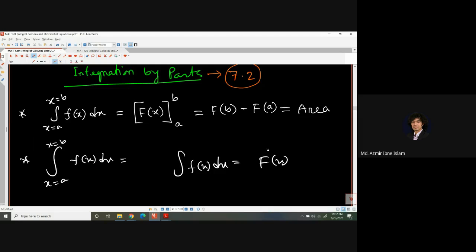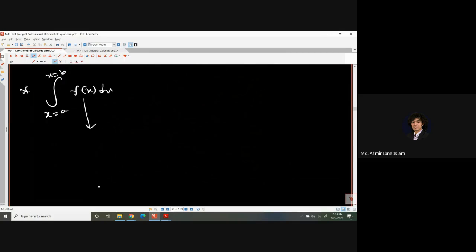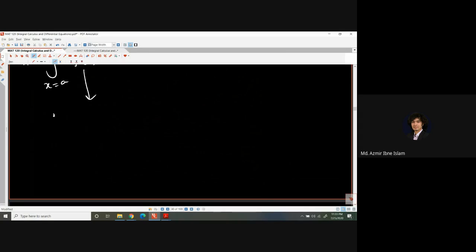Then, once we have the antiderivative, we can apply the upper limit and lower limit. So this is how we can proceed. In integration by parts, the function we have here, f of x, may be of this form, u times v.